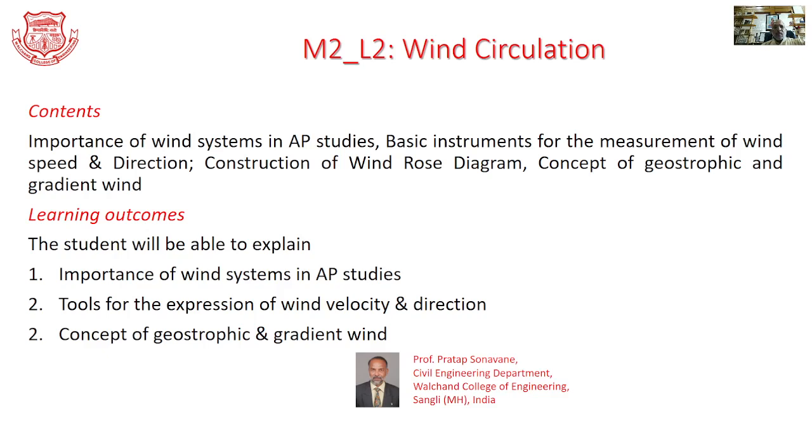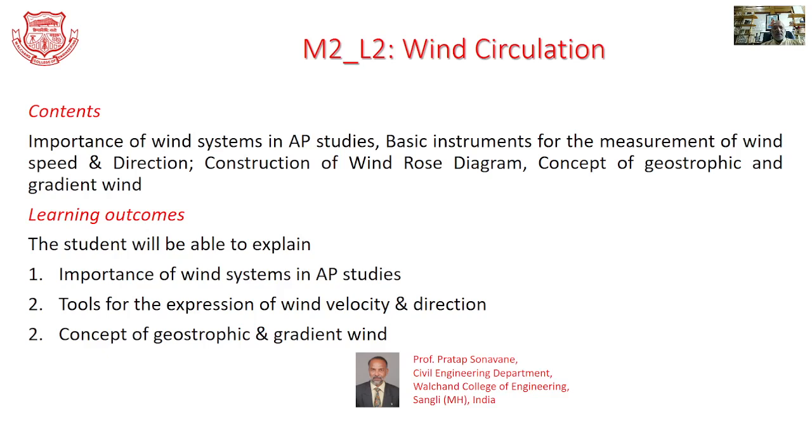Here we wish to discuss the importance of wind systems in the context of air pollution studies, certain basic instruments that can be used to measure the wind speed as well as the direction. We'll discuss the construction of the wind rose diagram as well as the concept of geostrophic and gradient wind.